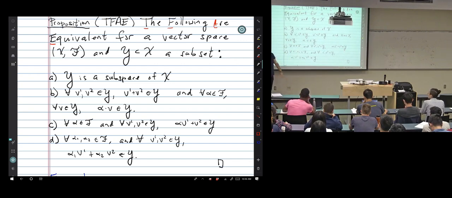So it's automatic once you check this. But we're going to do an example where instead of doing all this, we just note immediately that 0's not in there, we're done. One axiom not being satisfied, we're done.